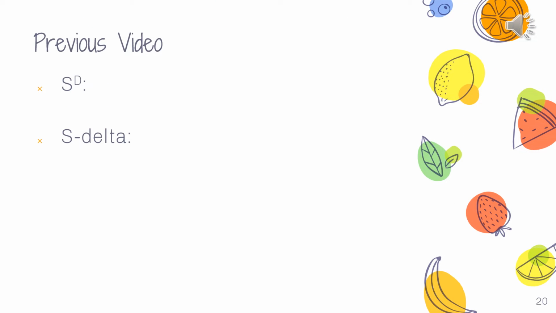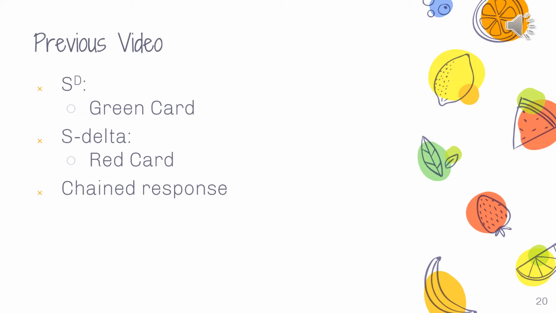In the previous video, we have a similar contingency in effect. The SD is the card being flipped to green, and the S delta is the card being flipped to red. However, in this example, they have now required a change response. First, the student must comply with instructions that increase in difficulty throughout the video.